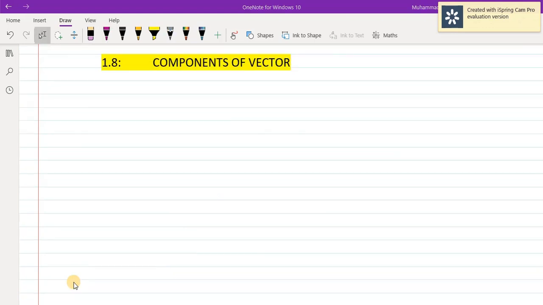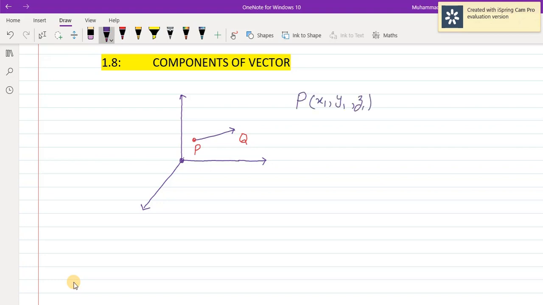Components of a vector. Consider A be a three-dimensional vector, P is its initial point and Q is its terminal point. Coordinates of P are x1, y1 and z1, while coordinates of point Q are x2, y2 and z2. One can draw images of PQ on x-axis, y-axis and z-axis.